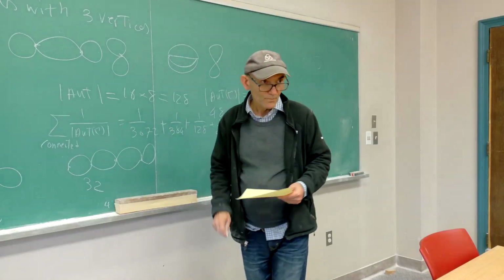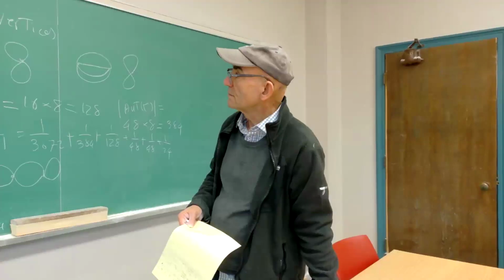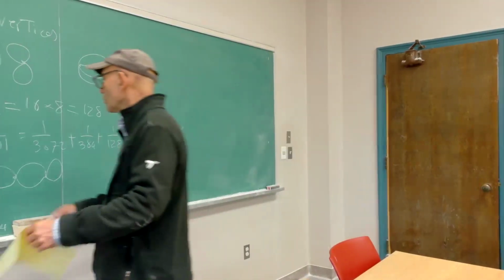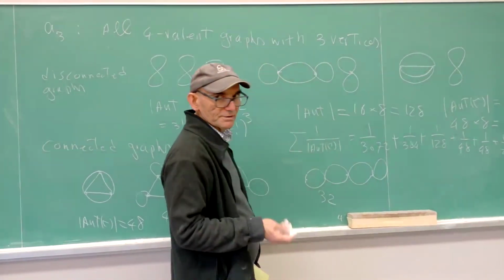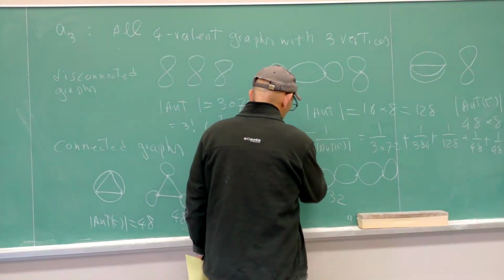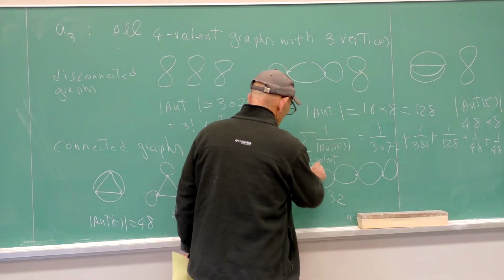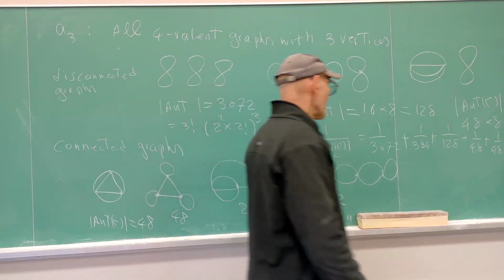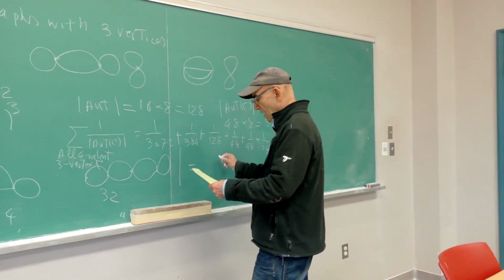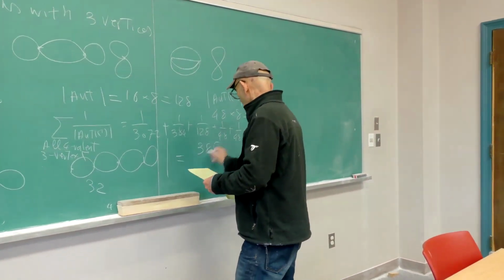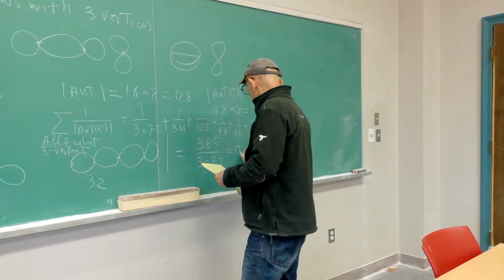This is not just the connected sum, right? Not connected. Sorry. Yeah, exactly. So this is basically all 4-valent 3-vertex graphs. Thank you. And if you do that, this is equal to 385 over 3072, which is indeed a tree.